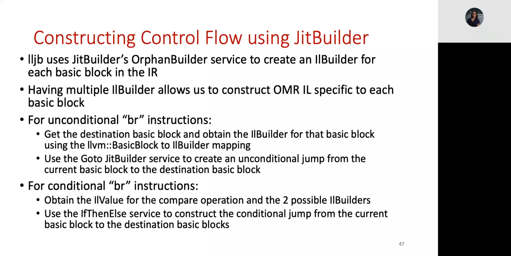When we have an unconditional branch instruction, we just have to get the destination basic block and then use that to find out the IL builder that's mapped to it, and then use the goto service to create an unconditional jump to that basic block. And for the conditional ones, it's similar. We have to get the condition value, and then we get the 2 different possible paths, and then we use if then else to construct the conditional path.